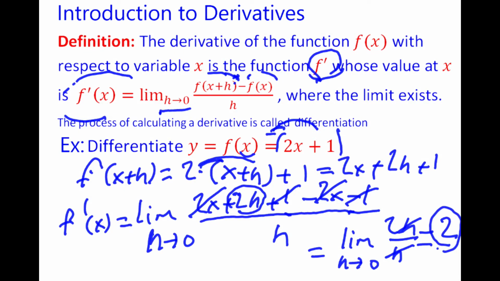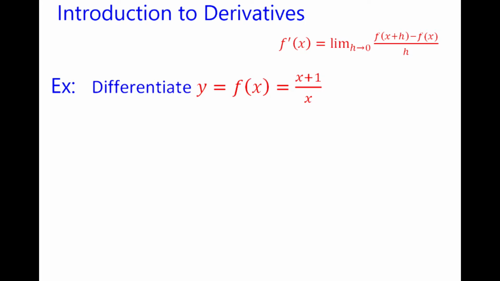And because there's no variable with 2 and 2 is alone, that means we already found the answer, which is 2. So if you differentiate f of x, we're going to have 2 as a result of this operation.